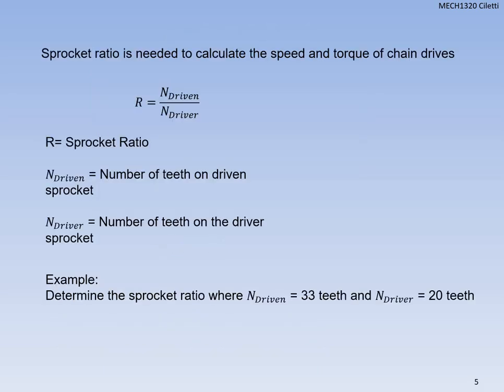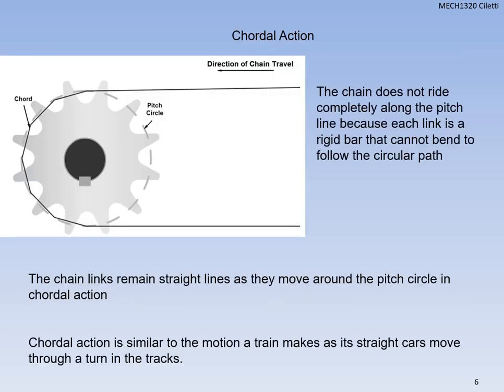Conceptually this is nothing new. We're just talking about a sprocket now, because we use a sprocket for a chain drive, not a gear drive. If we take a look at the sprocket ratio, when we have a driven of 33 and a driver of 20, we should have 33 over 20.